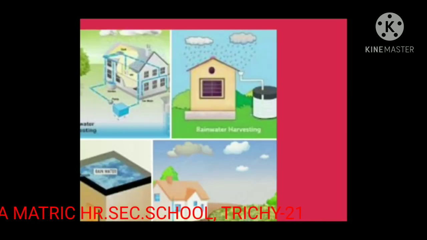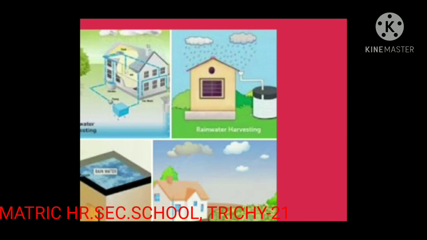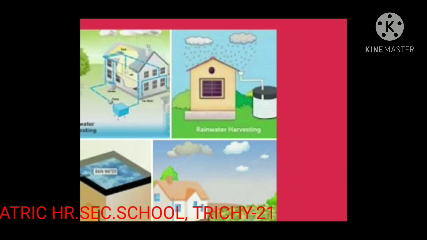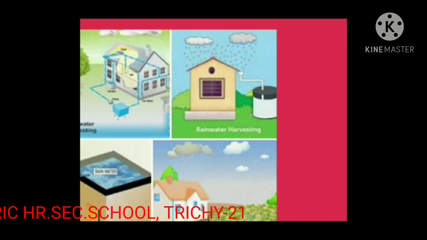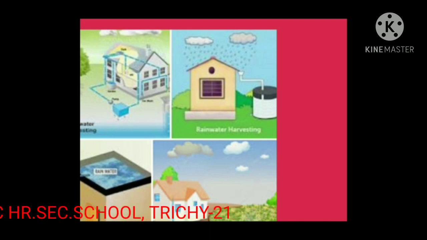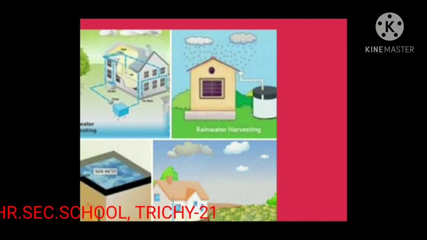Now let us learn more detail about rainwater harvesting. Rainwater harvesting is the process of collecting and storing rainwater for future use. Rainwater can be collected in natural resources or artificial tanks. Rooftop harvesting is also a type of rainwater harvesting.